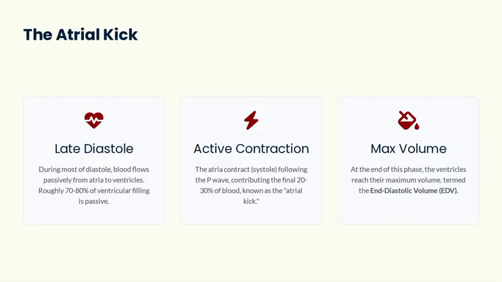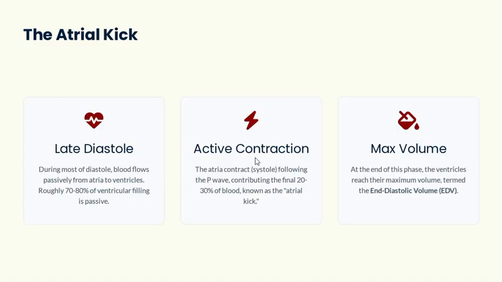Now we're gonna go over the atrial systole. Okay, so the atrial kick. This is late diastole, during which most of diastole blood flows passively from atria to ventricles, and roughly 70 to 80% of ventricular filling is passive.